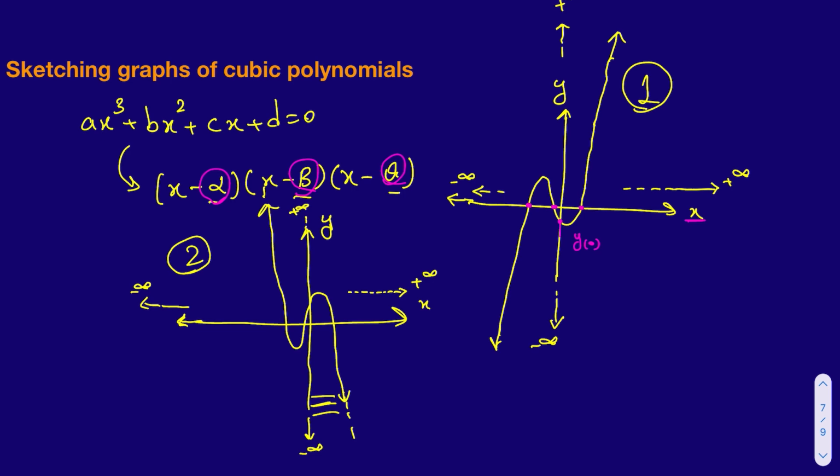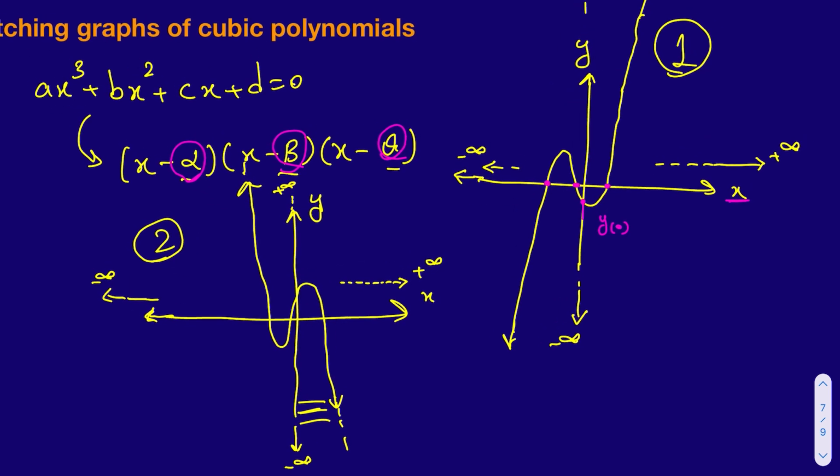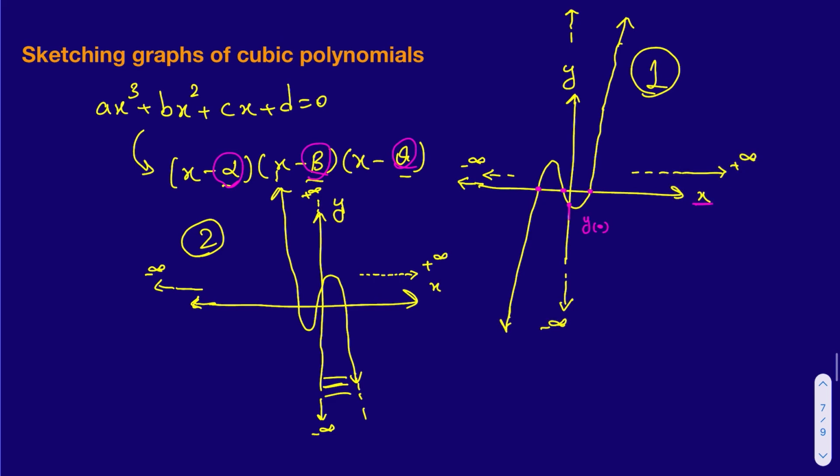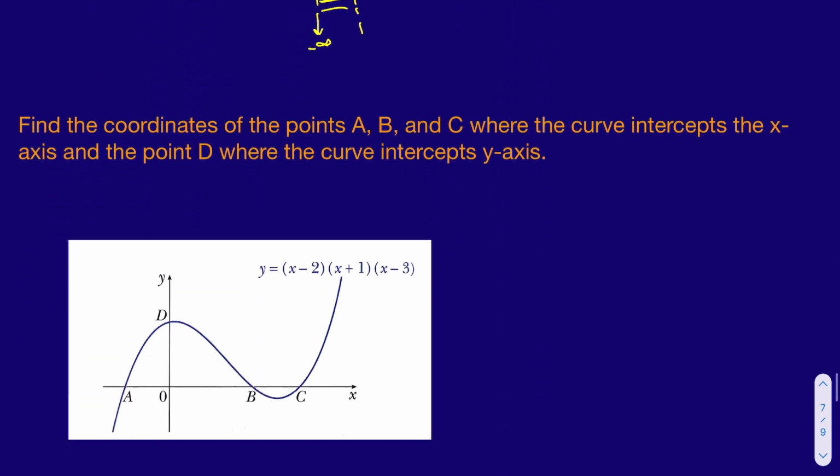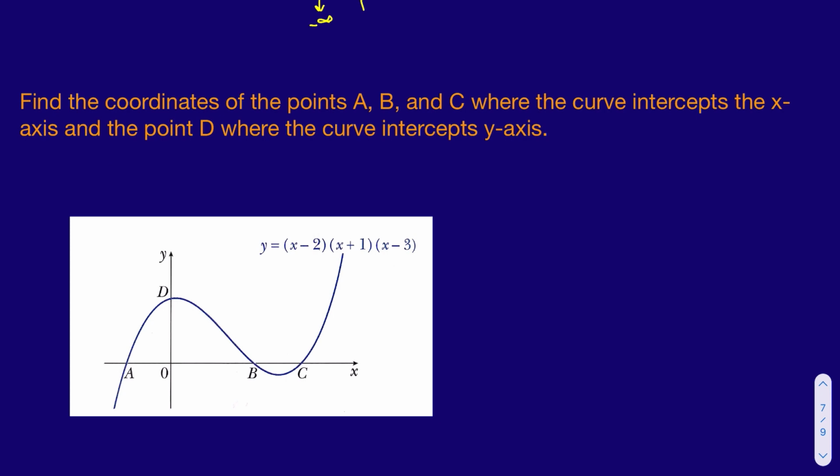And if x approaches positive infinity and y approaches negative infinity, opposite each other, this will be shape number 2. So let's consider the example. It's the simplest one here, and we will get more idea, and then in the next example I will solve the problem and sketch the graph.